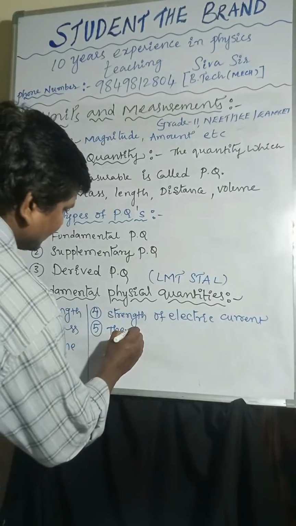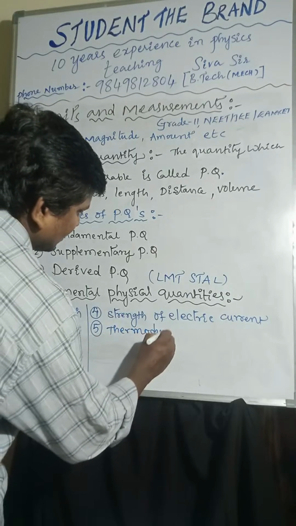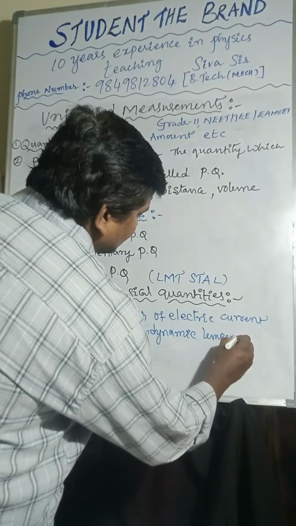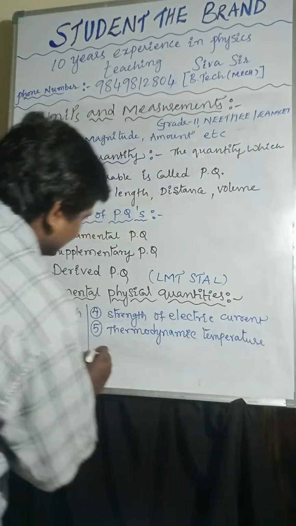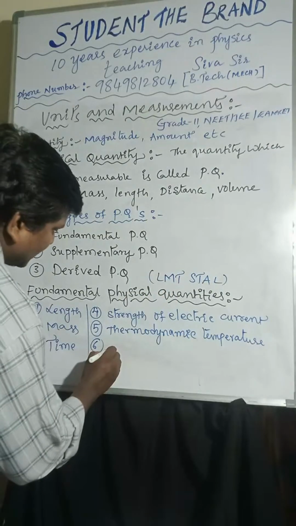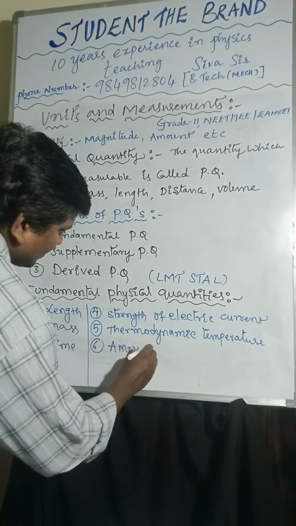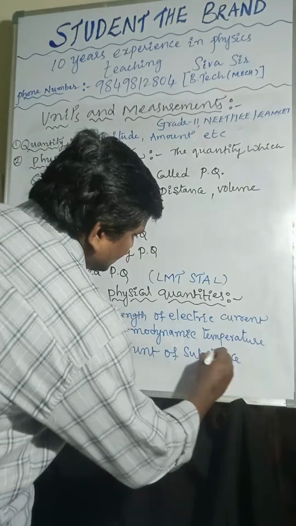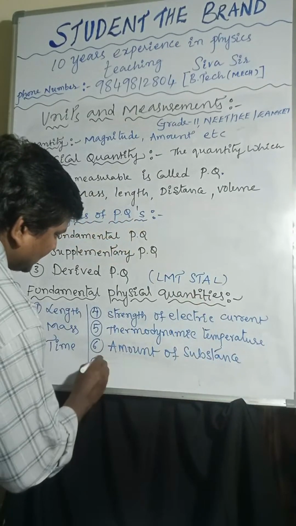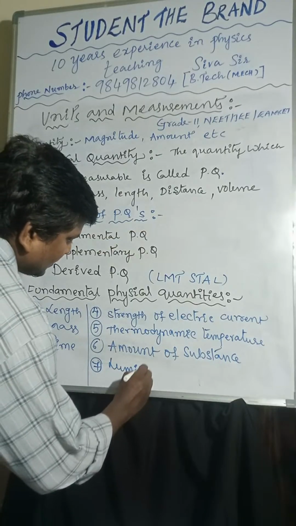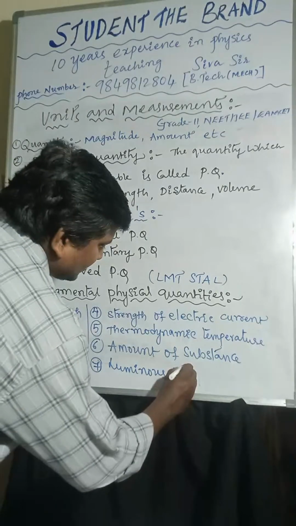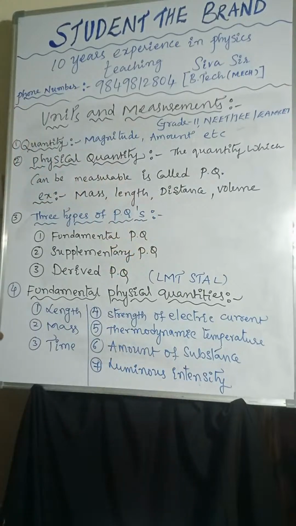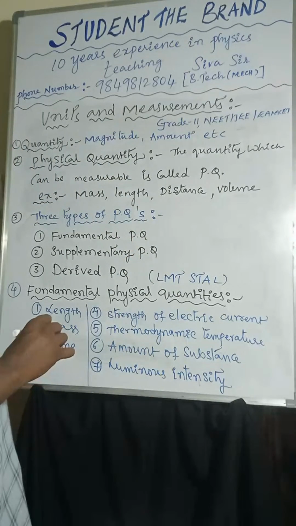The sixth one is amount of substance. And the seventh one is luminous intensity. So these are the seven fundamental physical quantities.